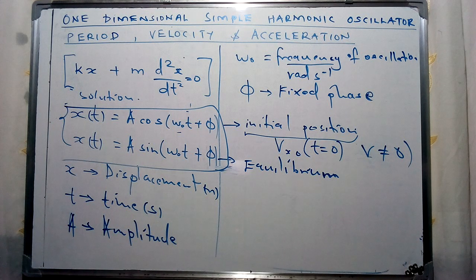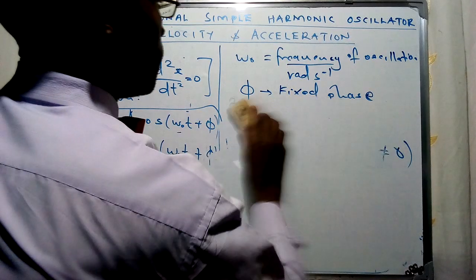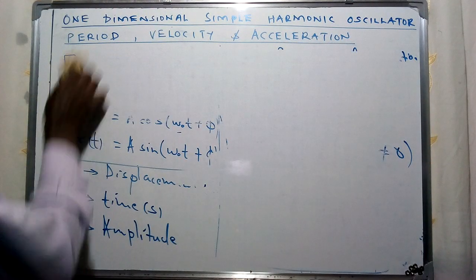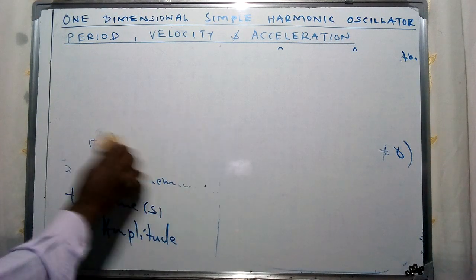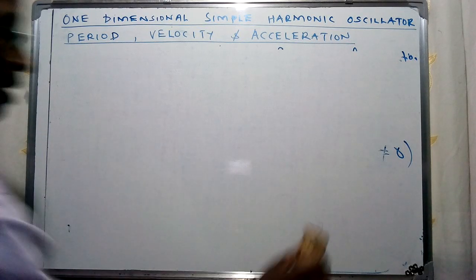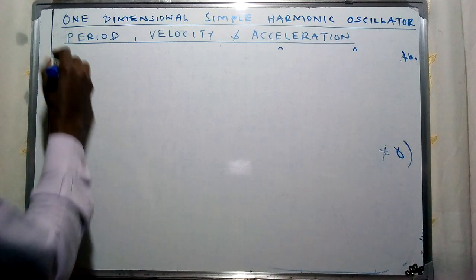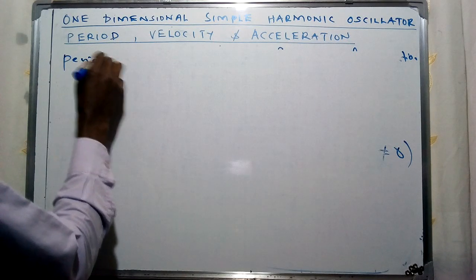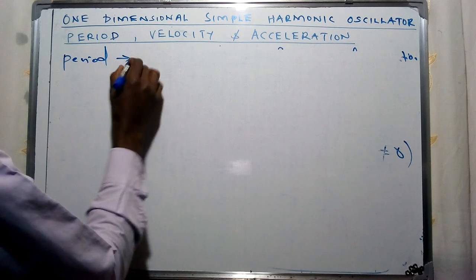So in this case, the concept of a period can be described in terms of the time taken for one specific cycle. So the period basically is the time it takes for an oscillator to go through one complete cycle.